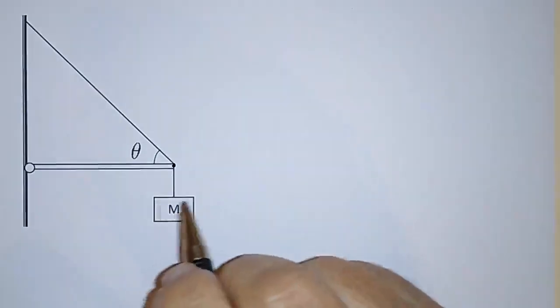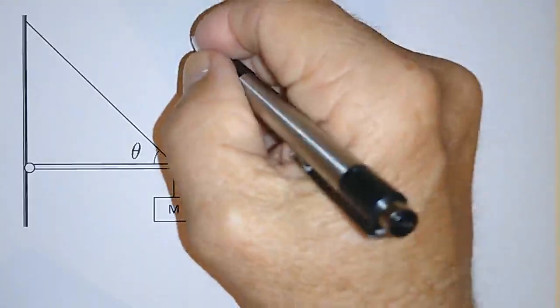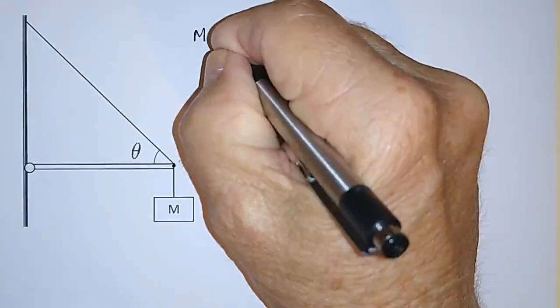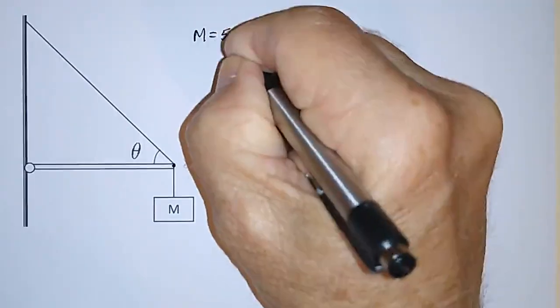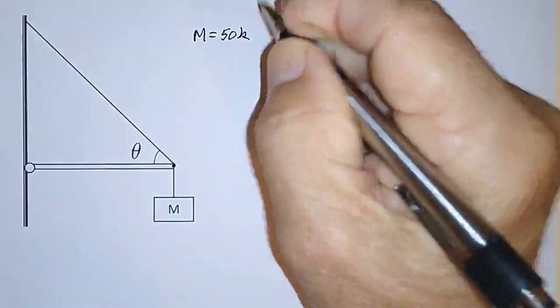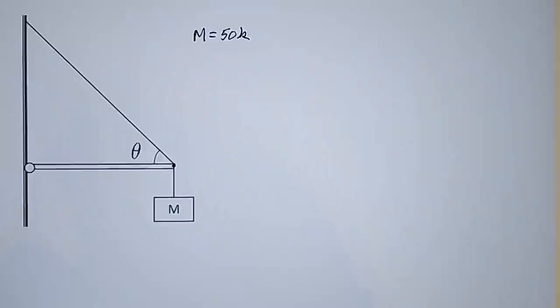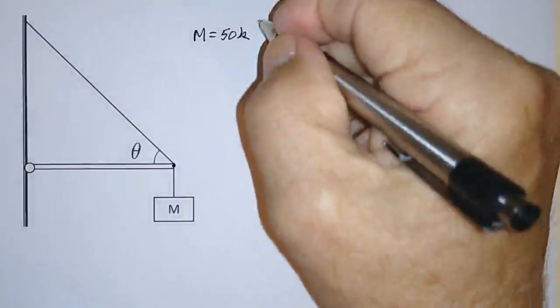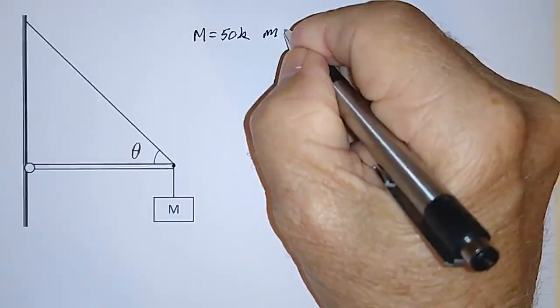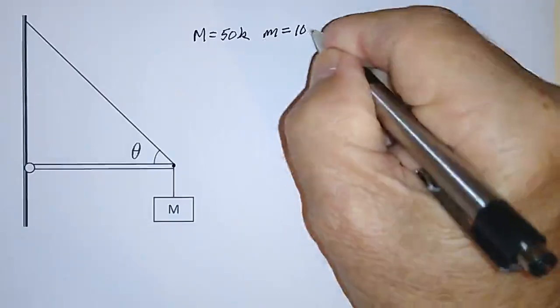So let's say that we have a situation where the mass, big M, is equal to 50 kilograms. And let's say also that the mass of the bar, let's call that little m, is equal to 10 kilograms.